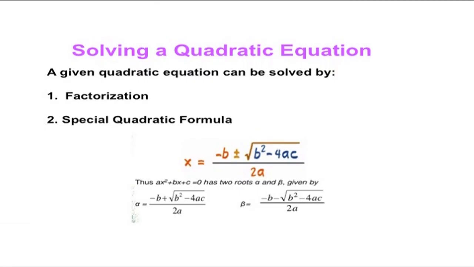Thus, ax² + bx + c = 0 has two roots, alpha and beta, given by alpha = (-b + √(b² - 4ac)) / 2a and beta = (-b - √(b² - 4ac)) / 2a.